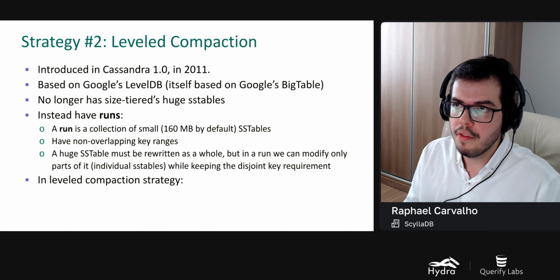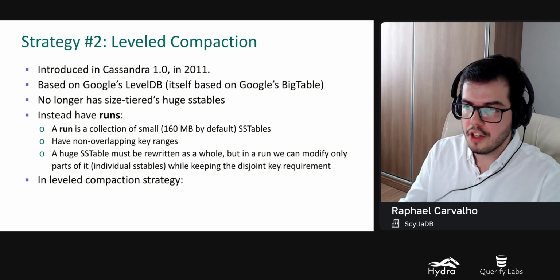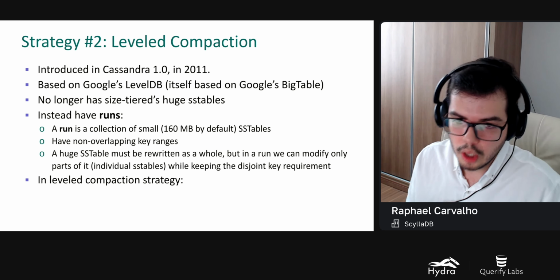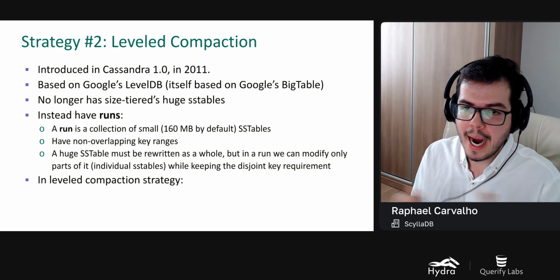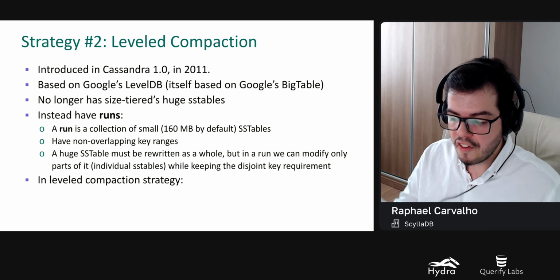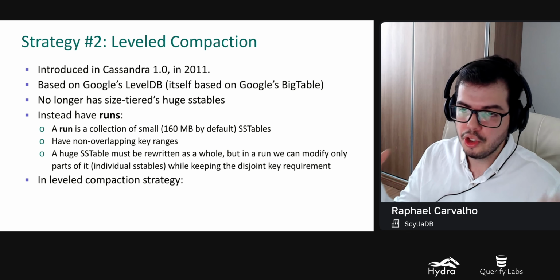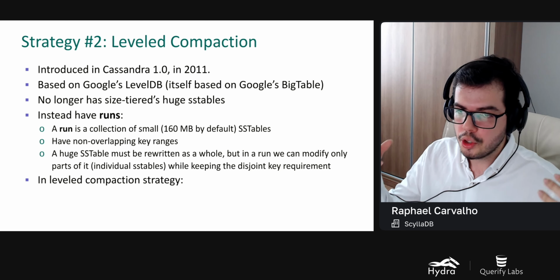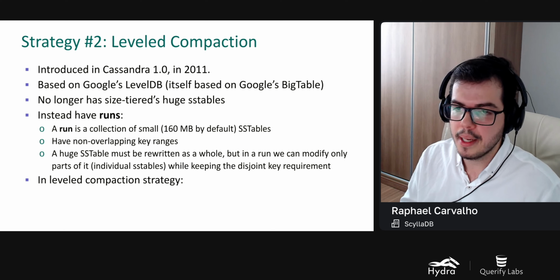For example, the next tier is exponentially bigger than the tier below, and so on. So the basic idea behind the leveled policy is to break those files into a layout of fixed sized fragments.